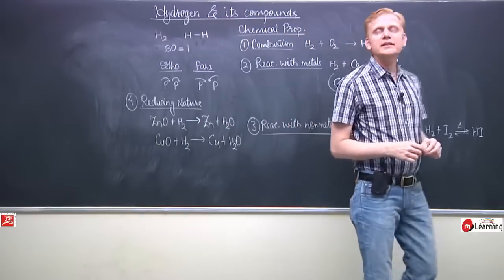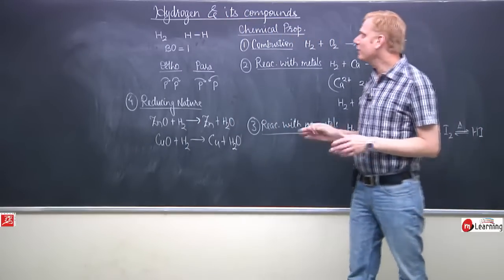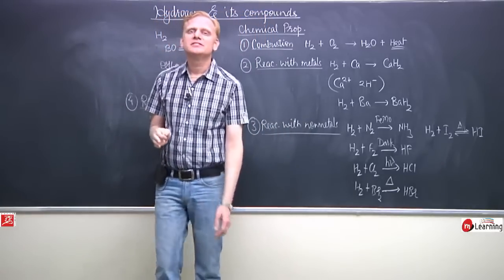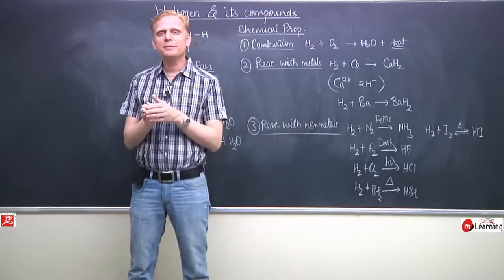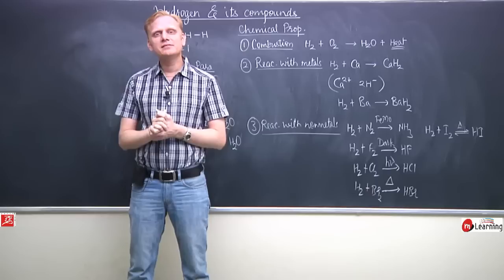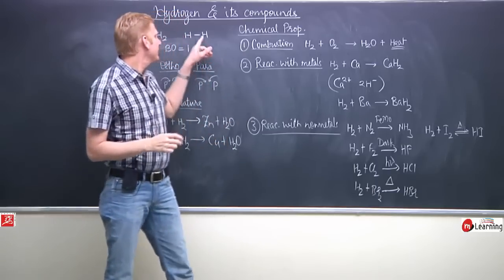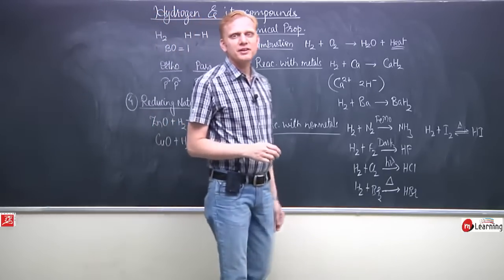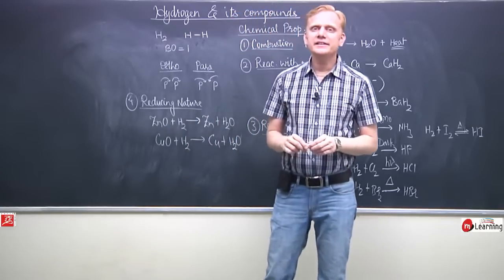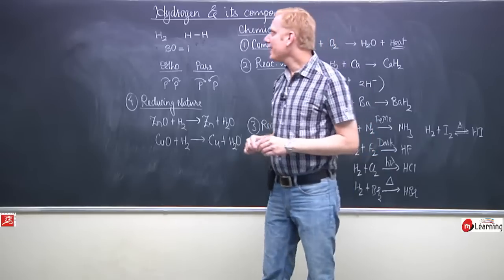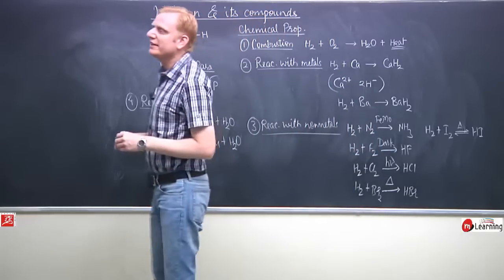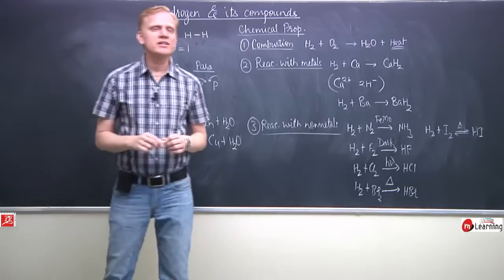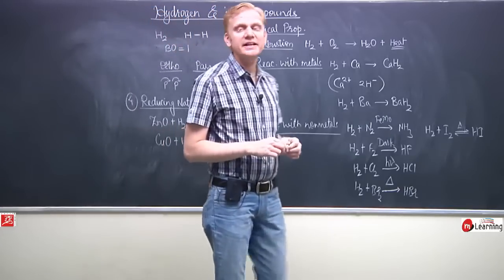Now, this was about hydrogen, its introduction, its general methods of preparation, properties including physical properties and then chemical properties. In the next part, we have to include the compounds of hydrogen, in which two important compounds, one is water and another is hydrogen peroxide.